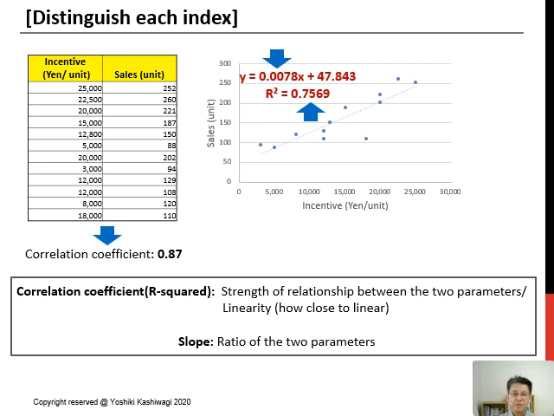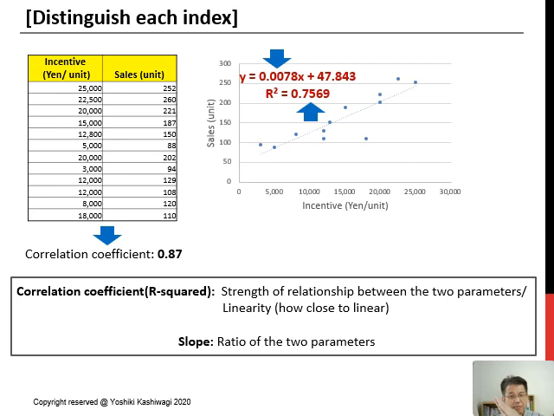Some students are confused by these numbers. Again, the correlation coefficient and R-squared show the strength of the relationship between the two parameters. Also, you can say mathematically how close it is to a linear or straight line, in other words, linearity.